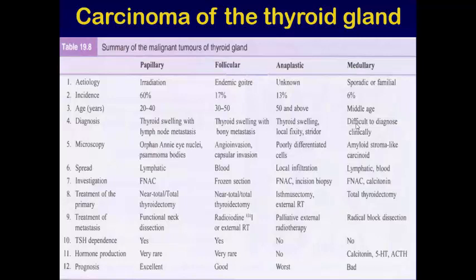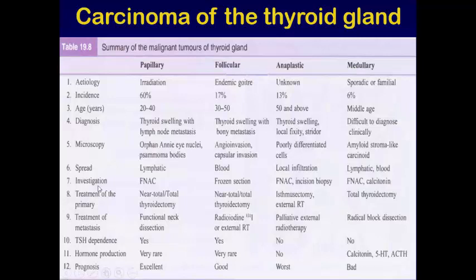The most important predisposing factor is the presence of endemic goiter. Anaplastic unknown, medullary sporadic or familial. The incidence is about 60% in papillary, 17% in follicular, 13% in anaplastic, 6% in medullary. Regarding the age of onset, in papillary it is between 20 to 40 years, follicular between 30 and 50 years, anaplastic 50 years and above, medullary in middle age.